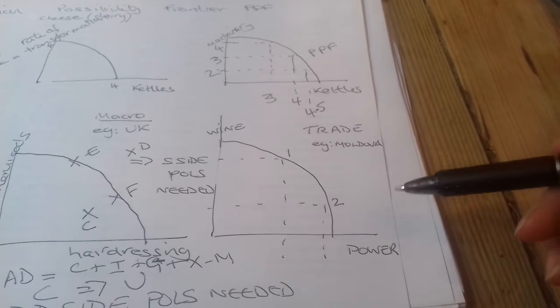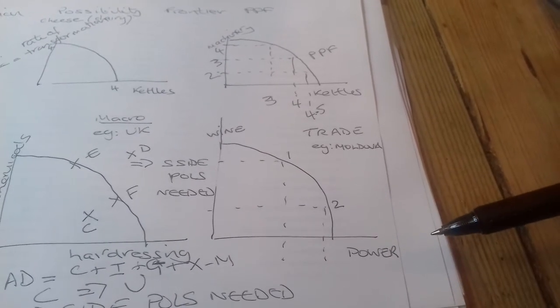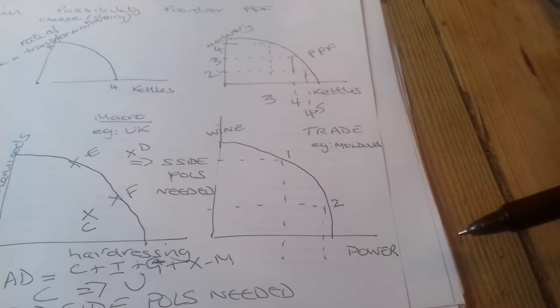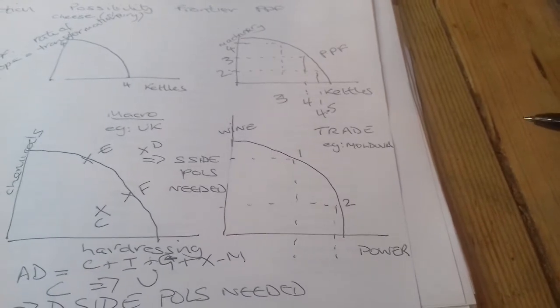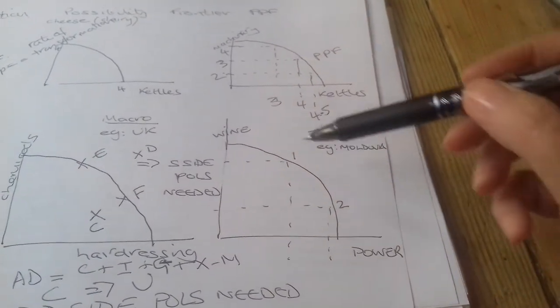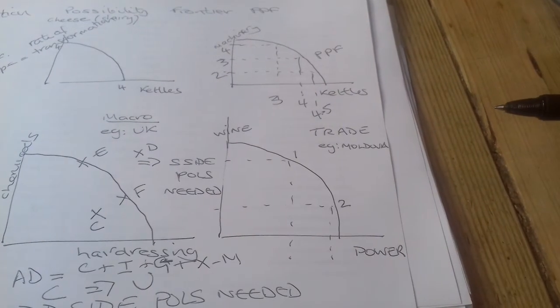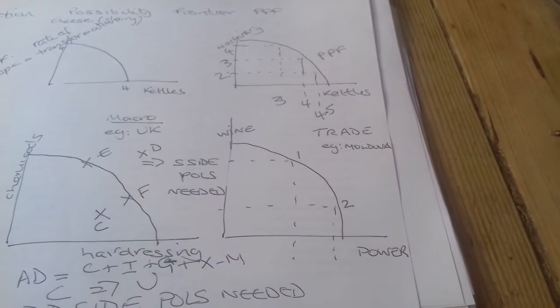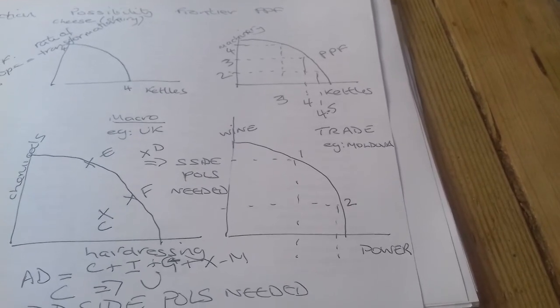But remember, we're trying to argue that by specialising in the good in which it has the comparative advantage, Moldova can achieve a higher level of consumption and satisfaction for its citizens. Being on the production possibility frontier represents efficient use, and we think that this translates into the highest level of consumption and satisfaction for the citizens.